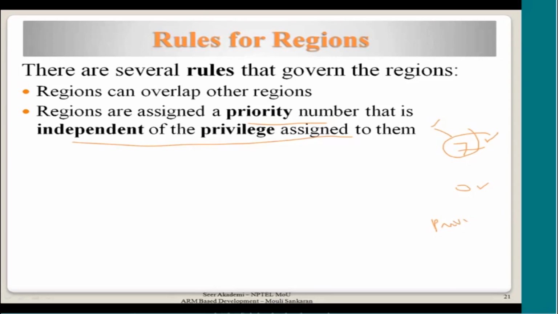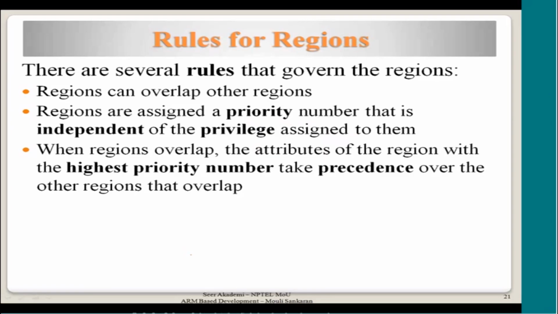Privilege is about which mode the processor is in, user mode or privileged mode. But you can have a region with a higher priority number given to a user process. Similarly, we can have a lower one given to a kernel process, a privileged process. I will explain that context, then you will know.